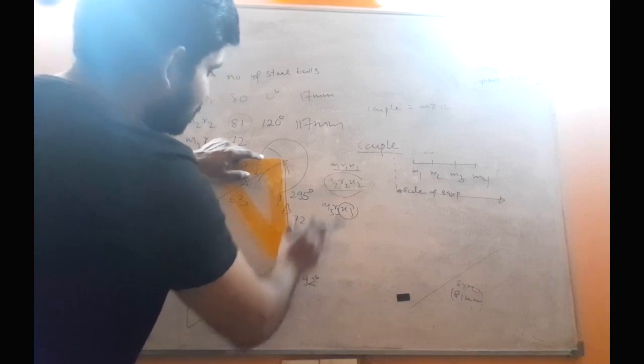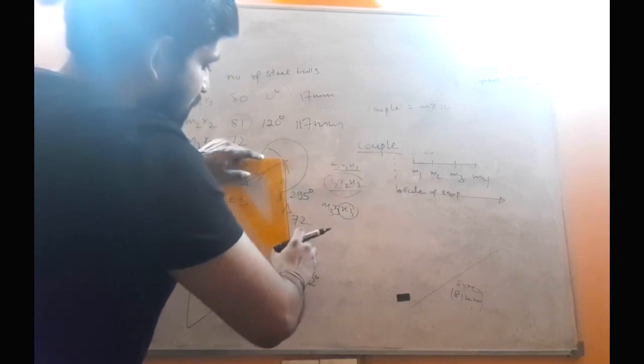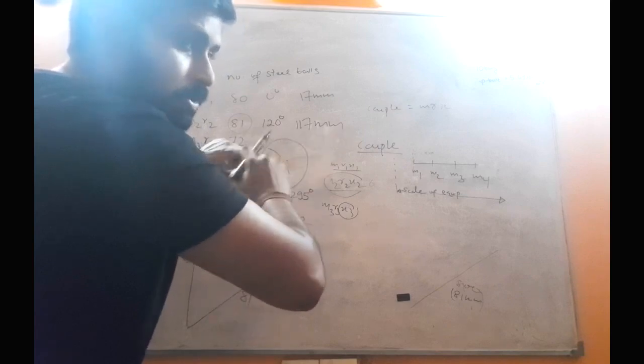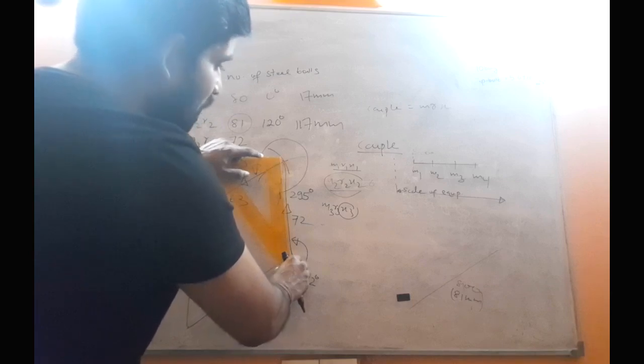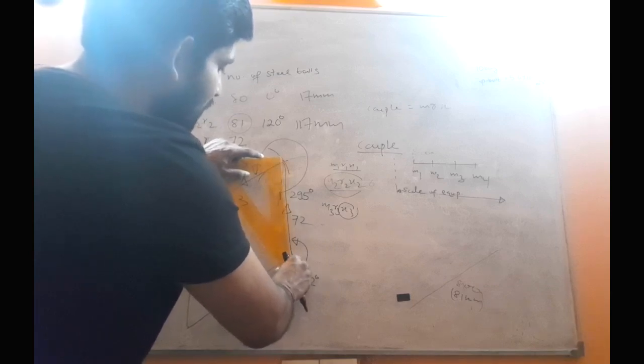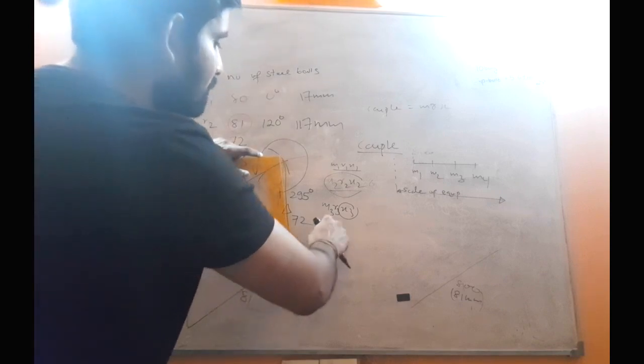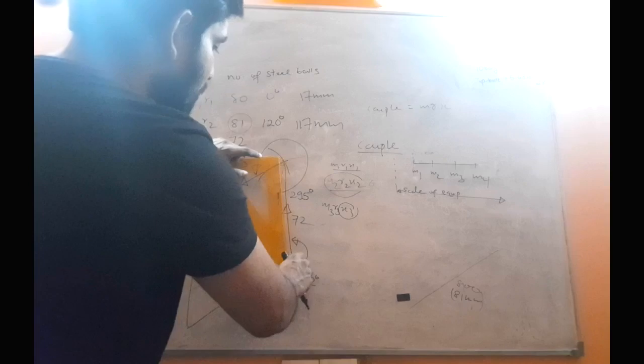So use another ruler that will be a support in order to project. Now actually from this vector we can get the direction of M3, R3, X3.